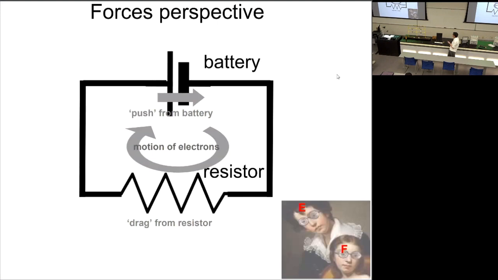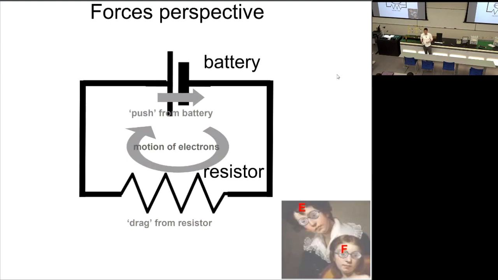One is from a force perspective. In the force perspective, the battery is pushing the charge around the circuit. Some sort of force coming from the battery is making the charge flow around the circuit. And then the resistor is causing some drag, some kind of resistance on the path of the charge.